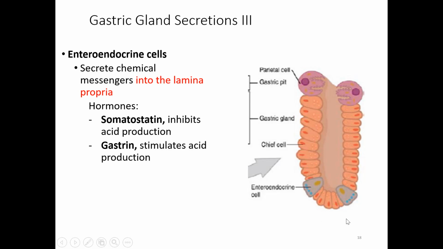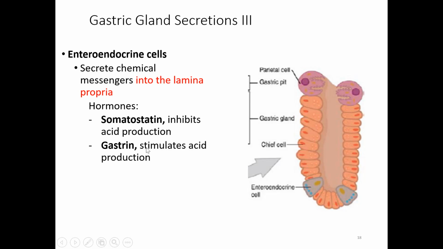Blood vessels are located in the lamina propria. So what exactly do enteroendocrine cells produce? Hormones like somatostatin, which inhibits acid production. When the stomach is empty, there is no need to make acid. And another hormone would be gastrin.